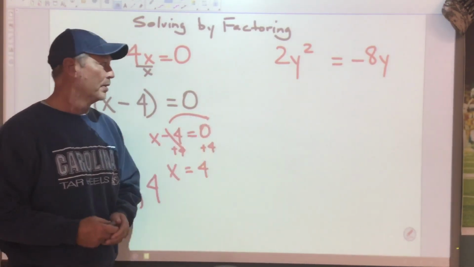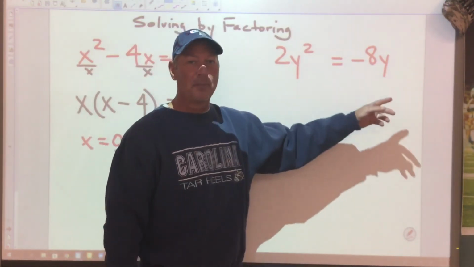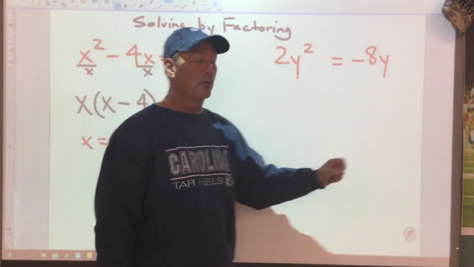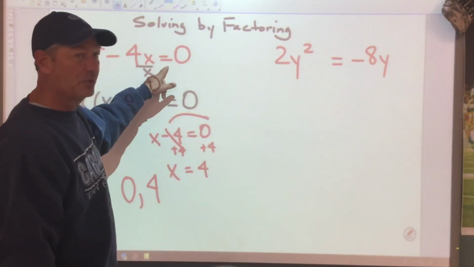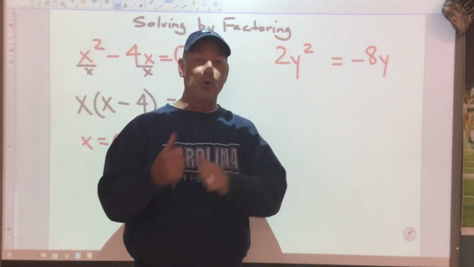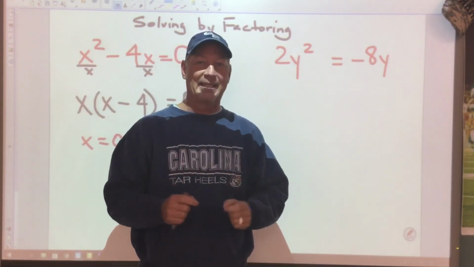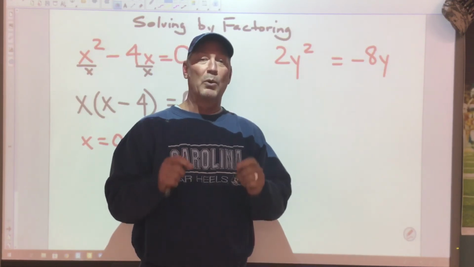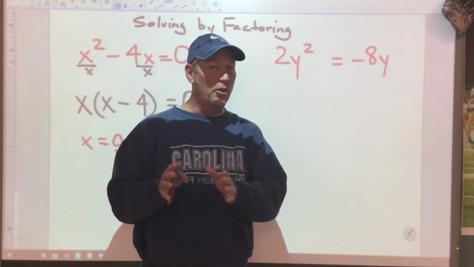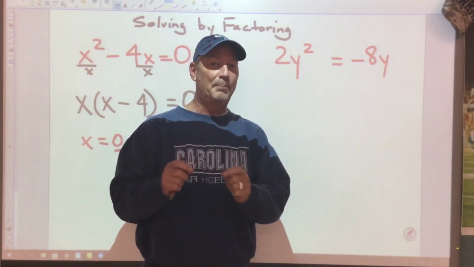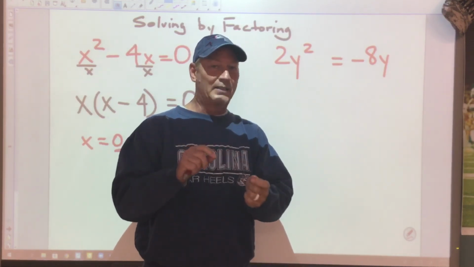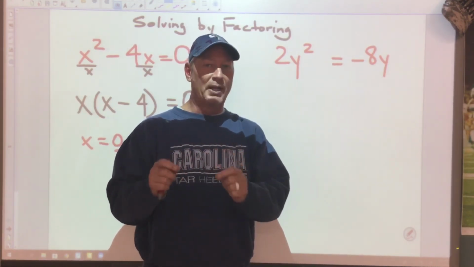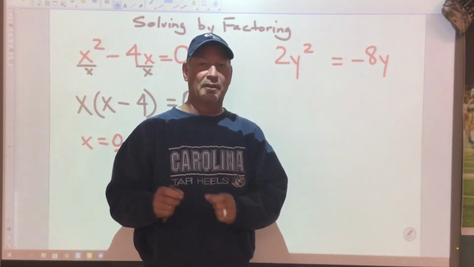Let's try another one. In this problem, it is not equal to 0. If it's not equal to 0, then we need to move things to make it equal to 0. But we would love to keep our a term positive. You want to keep your x squared or y squared, whatever it is, positive if possible.